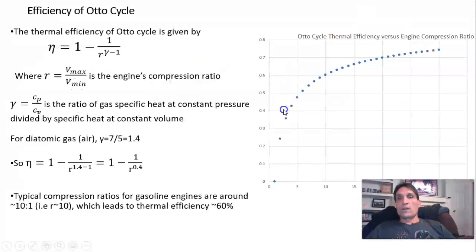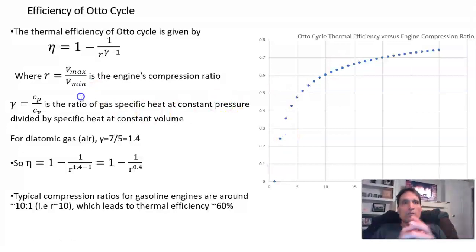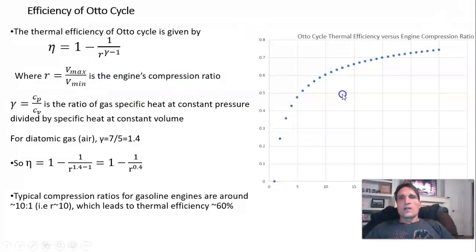So I made a little plot here. I varied the compression ratio from 0 to 35, and I calculated the efficiency on the vertical axis. And you see that as the compression ratio, maximum volume to minimum, in other words, how well you can compress and expand this cylinder, gets larger, the engine becomes more efficient, right?